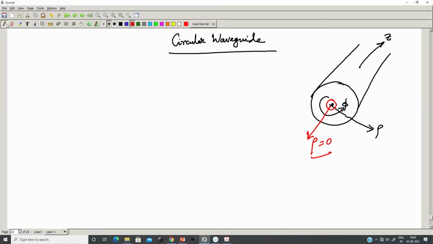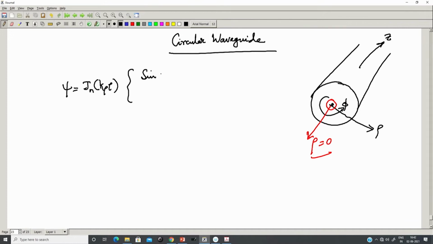So, therefore, we can write the psi function in terms of Jn k rho.